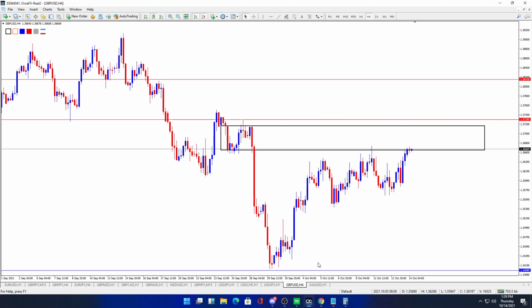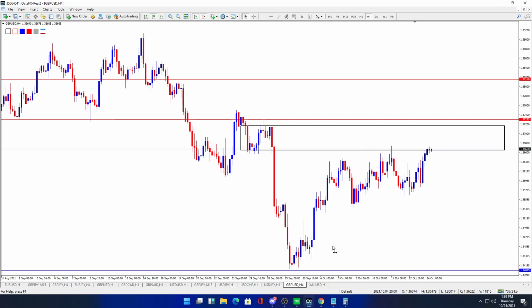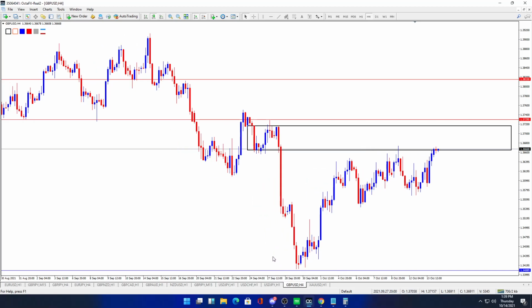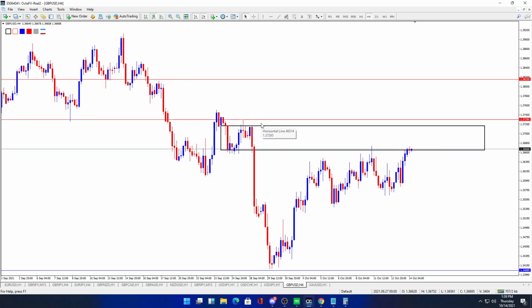Guys, you can see here why I put my TP here, because this is on the support area. Why I put my SL here, because this is a resistance area, whereby price tried to break up this line but failed, so this line becomes a resistance line.